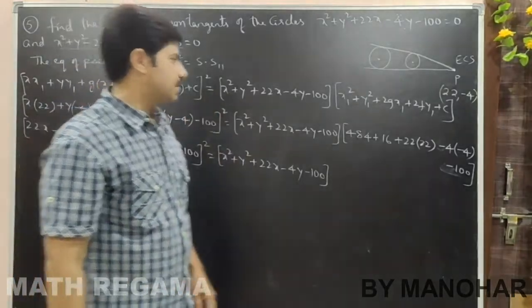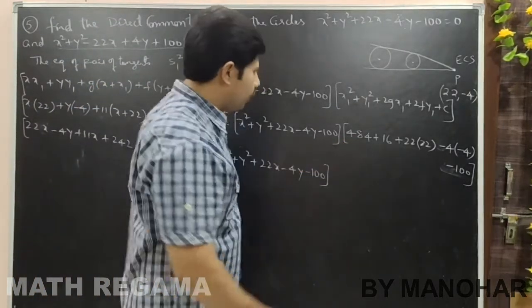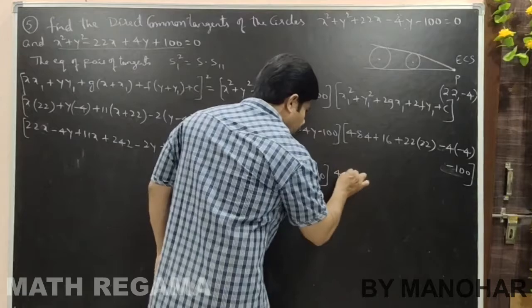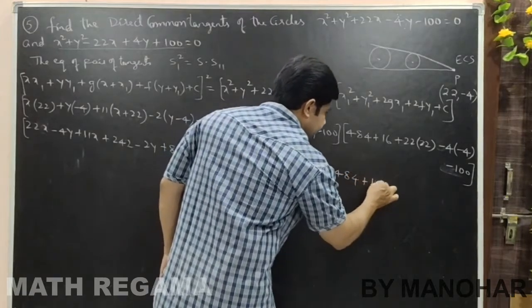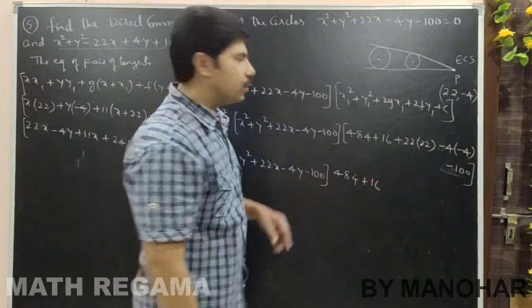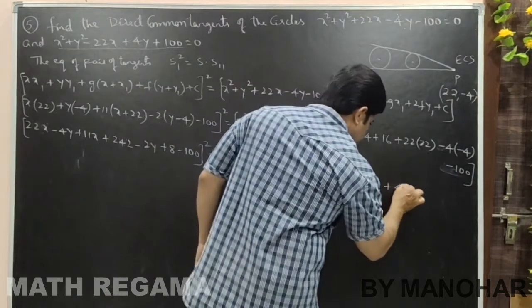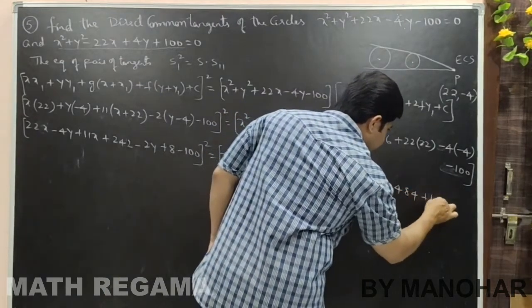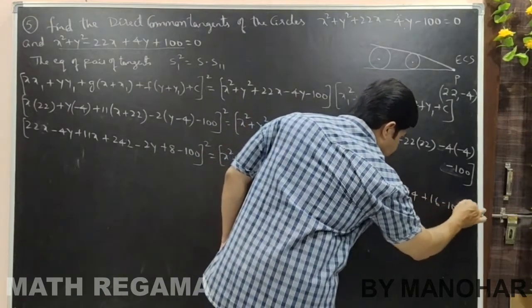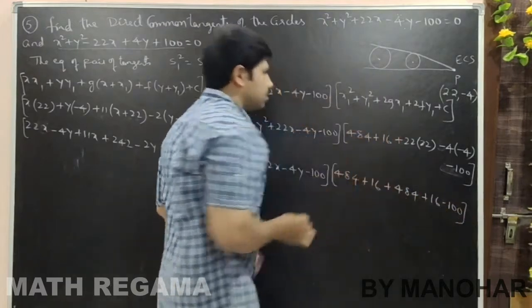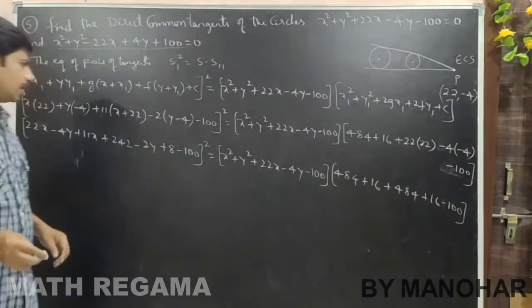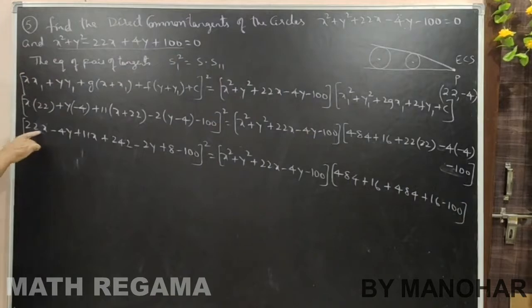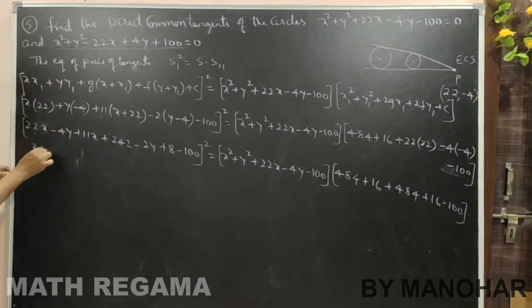We'll simplify this. This is 484. Okay, we'll write one more step. So 484 plus 16. 22 into 22 is 484, right? Plus 16 minus 100. So we just multiply. After that, this will simplify. 22x plus 11x. It is 33x.